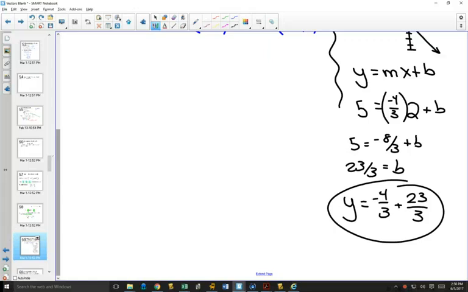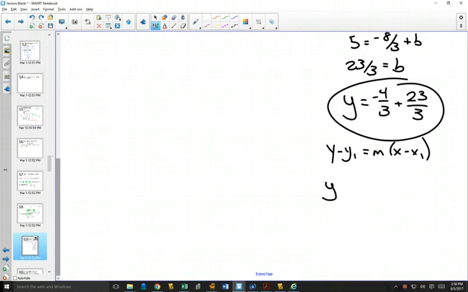How many of you would have used the point slope way of finding this equation? Do you remember that? That's where you start with this equation where you plug in your slope and plug in your point.